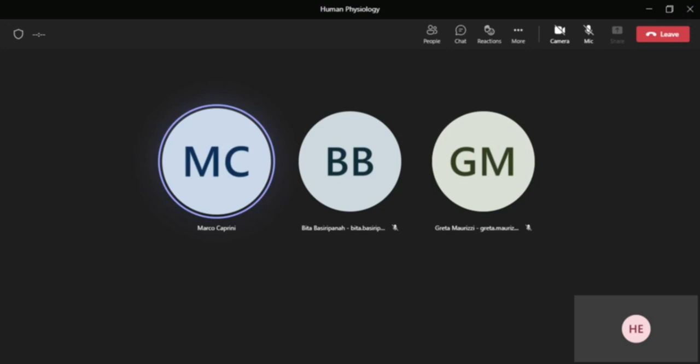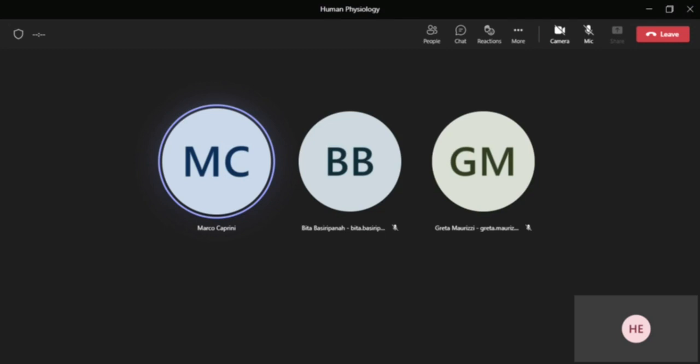Okay. So yesterday we just stopped here in describing the smooth muscle. We already know that the classification of the smooth muscle is a bit complicated because it depends on the location. So we have vascular, gastrointestinal, urinary, respiratory, reproductive, and ocular smooth muscle.